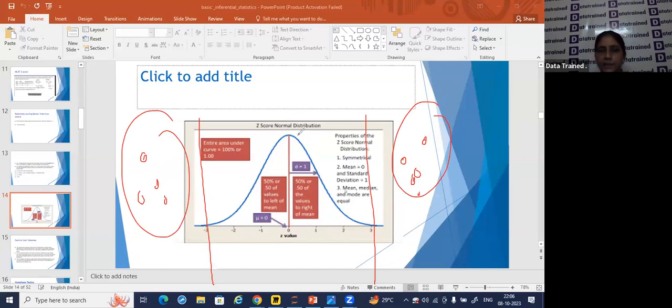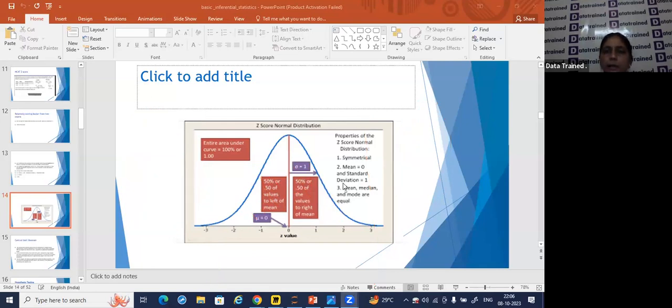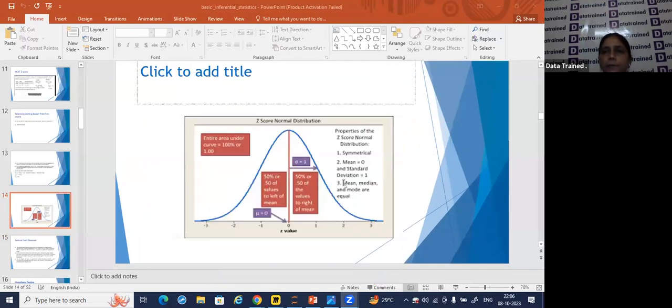The rest of the data lying up to 3 standard deviations is normal distribution, normal data. Their data are symmetrical, and their mean, median, mode values are 0, standard deviation values are 1. So that one is symmetrical, but any data which is far away is abnormal data.